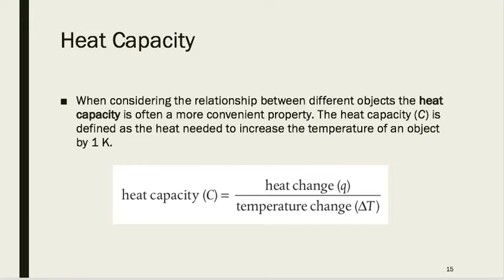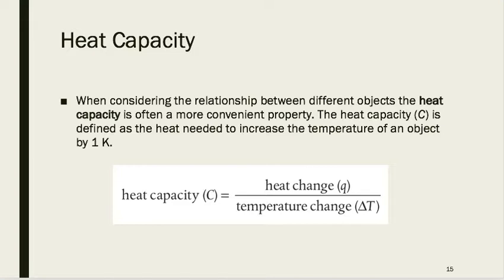One thing I want you to note is when considering the relationship between different objects, the heat capacity is often a more convenient property. The heat capacity, which is given by the capital letter C, is defined as the heat needed to increase the temperature of an object by 1 Kelvin.